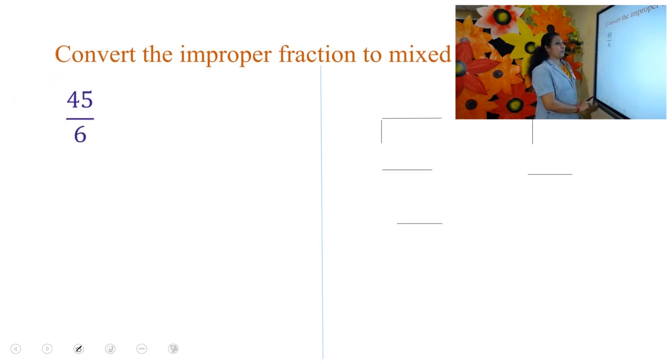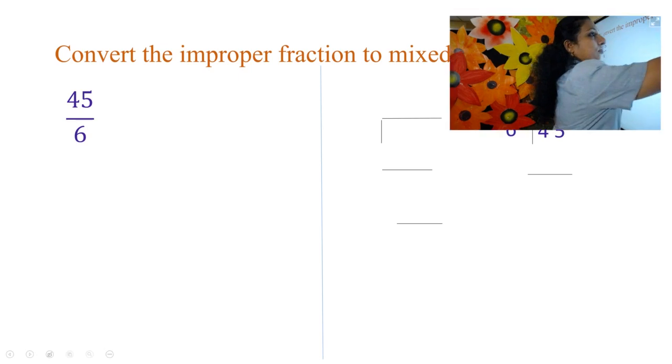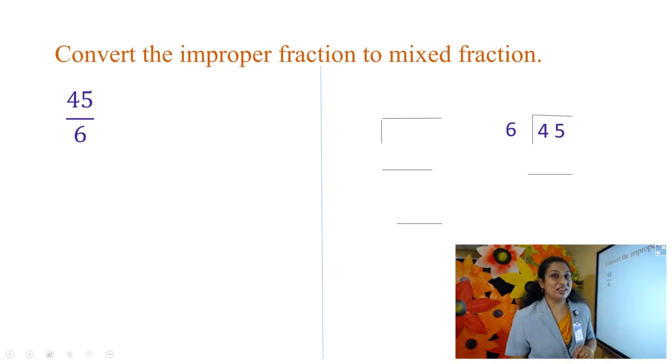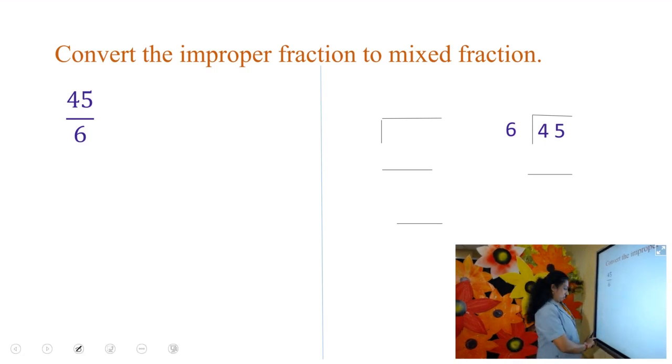First question, 45 by 6. I told you we have to divide it. 45 by 6. See, how many times will 6 go in 45? You have to recite the table of 6. 6 sevens are 42.